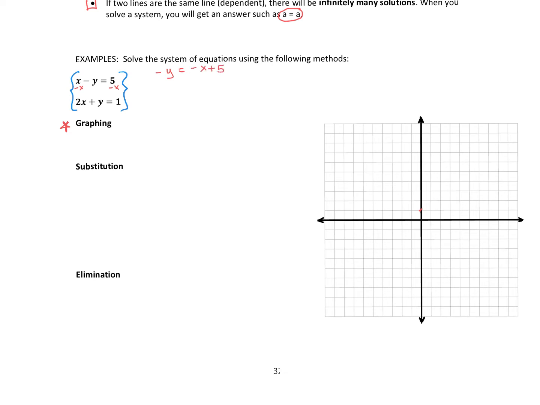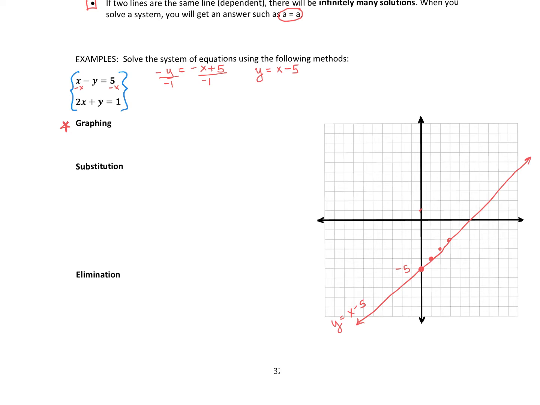And if I divide both sides by -1, I'm going to get y equals x minus 5. So let me put that one on the graph here. Here we are at -5, and our slope is 1, so we'll go up 1 over 1 a couple times and draw our line. So this is y equals x minus 5.